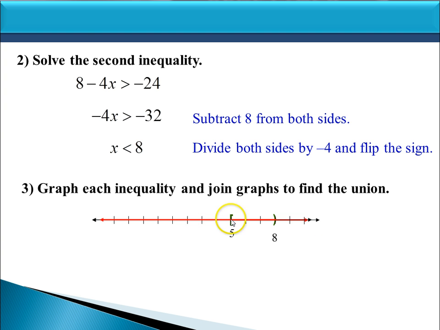So it's really going to cover every single real number that there is, all the way from negative infinity to positive infinity. So that would be the union. So really any x would be a solution to that original compound inequality that we were given with the OR.